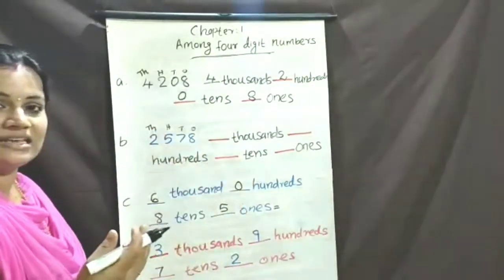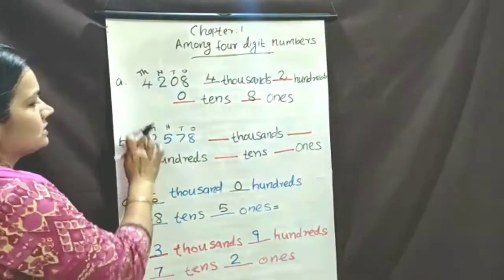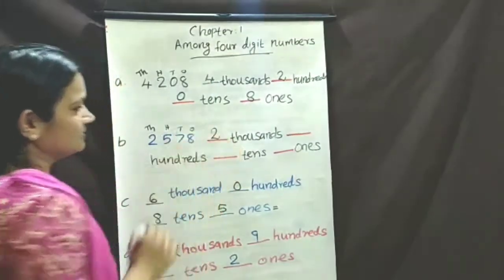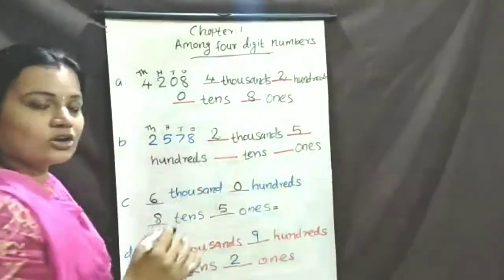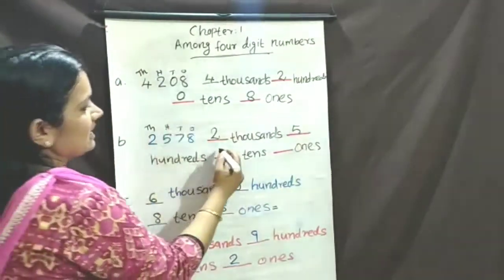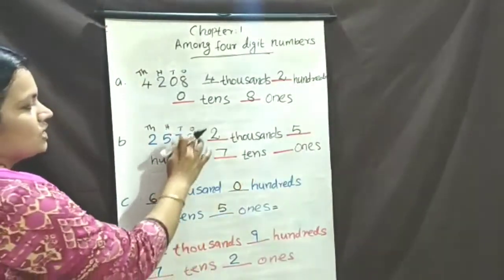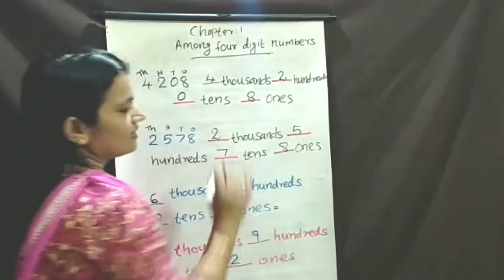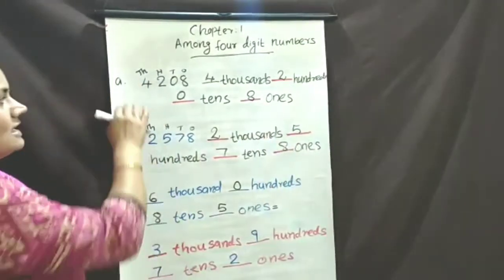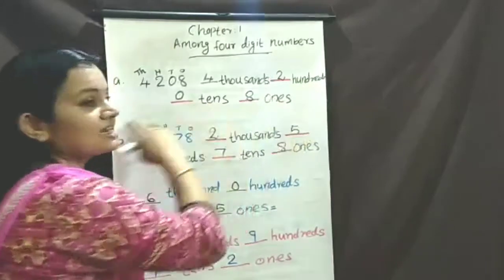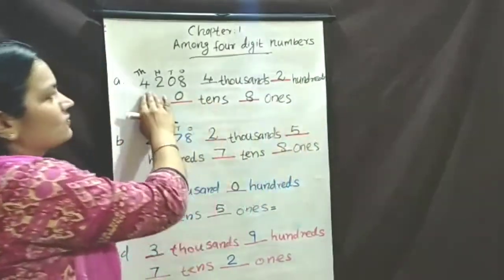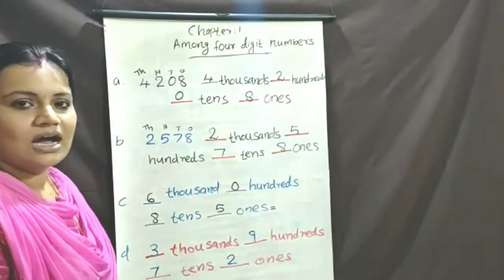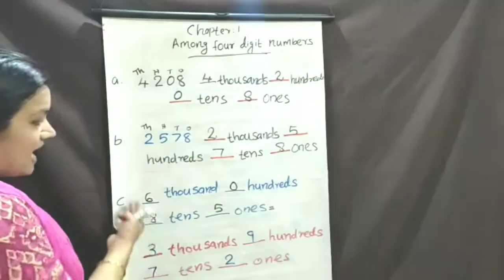So we can write easily. 2000, write 2 here. 500, write 5 here. Then 7 tens, write 7 here. 8 ones, write 8. The number is given, you write the expanded form. This is the expanded form of the given number. Understood? Then what is next?